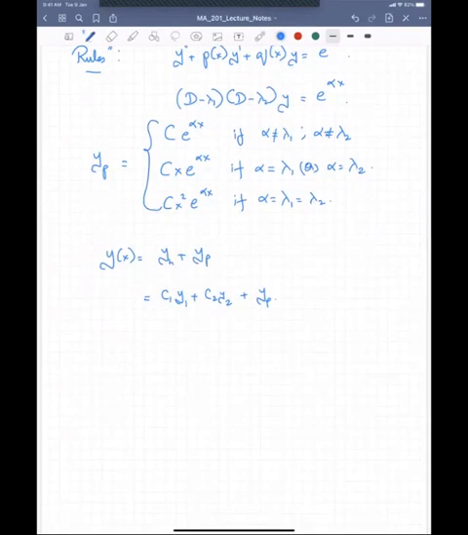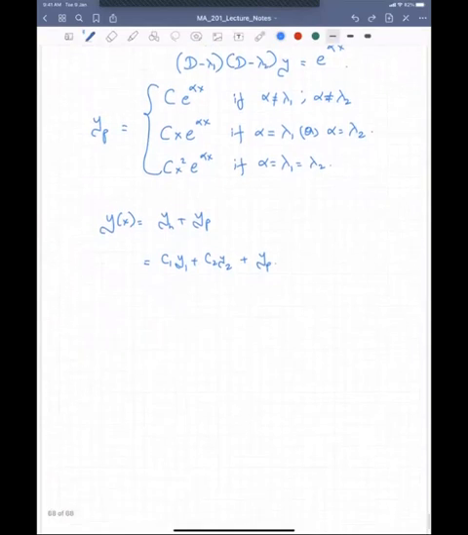And to determine the C1, C2 in the general solution, I'll have to appeal to the initial value conditions. But to figure out what this C is, I cannot appeal to the initial value problems. That is only applicable to find C1 and C2. This capital C you will figure out by simply demanding that this particular form solves the equation.